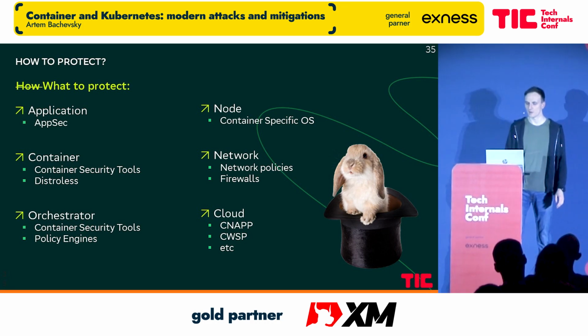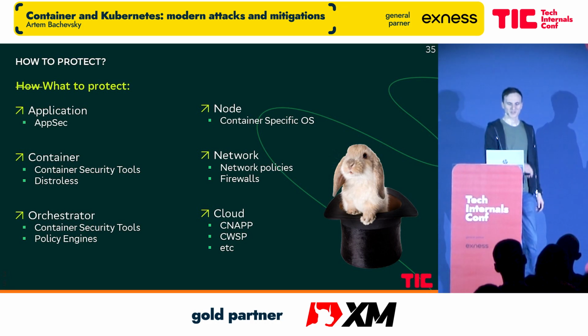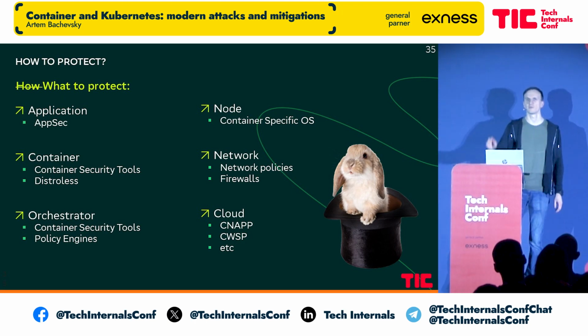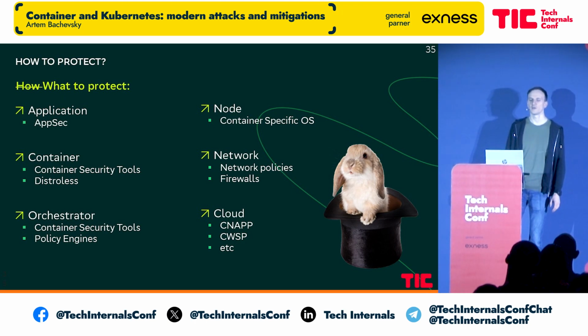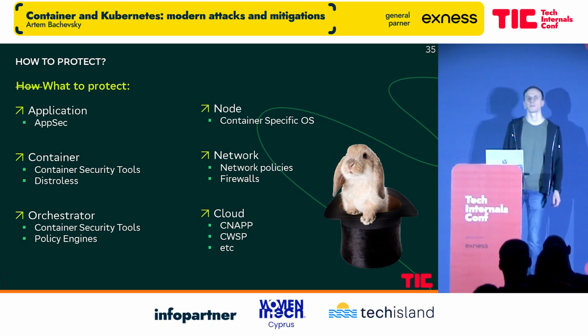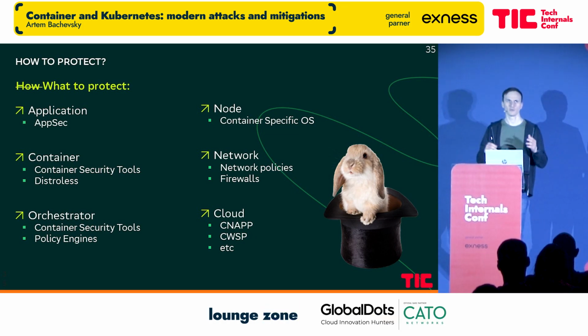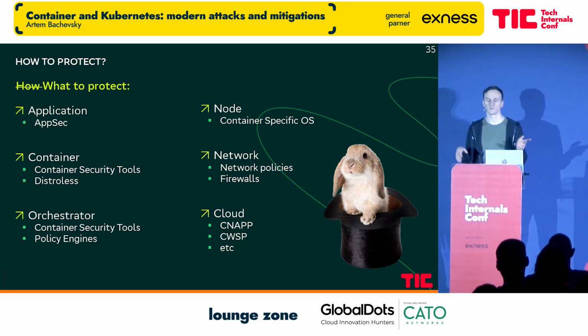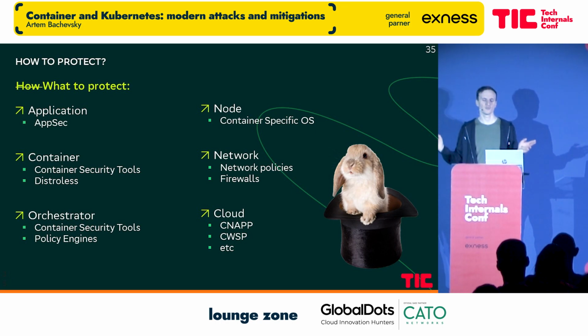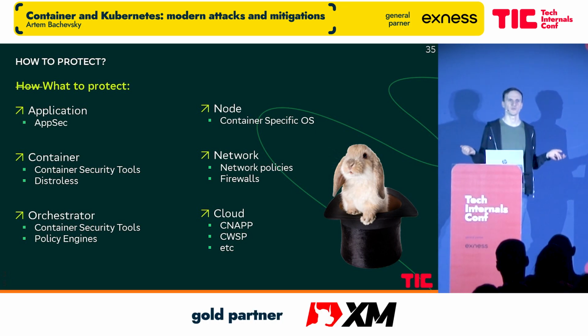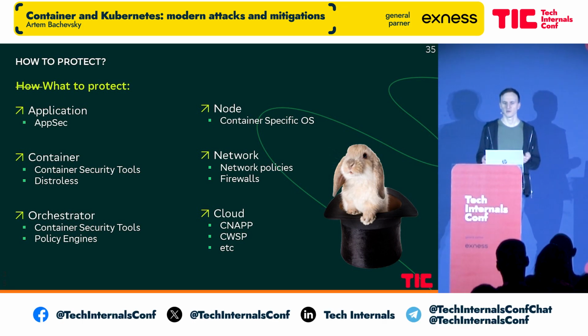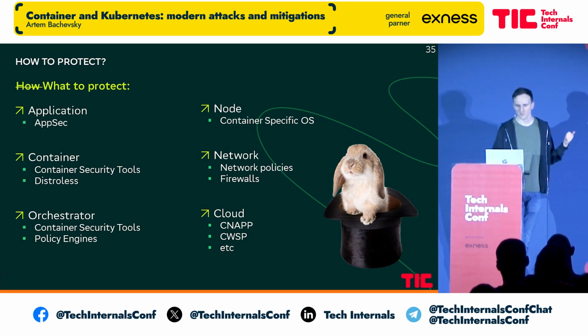So I renamed it "What to Protect," and there are, I think, 6 points. The first one is the application layer. If you want to protect your application in your cloud and for your Kubernetes security, you should use application security practices. We talked about them: SAST, SCA, pentest, a lot of them.